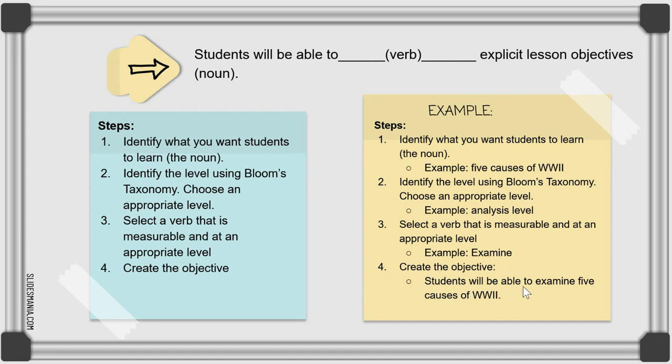And then students will be able to examine causes of World War II. And of course, this is something that I would probably do in the middle, right? Because we would look at causes and then effects.